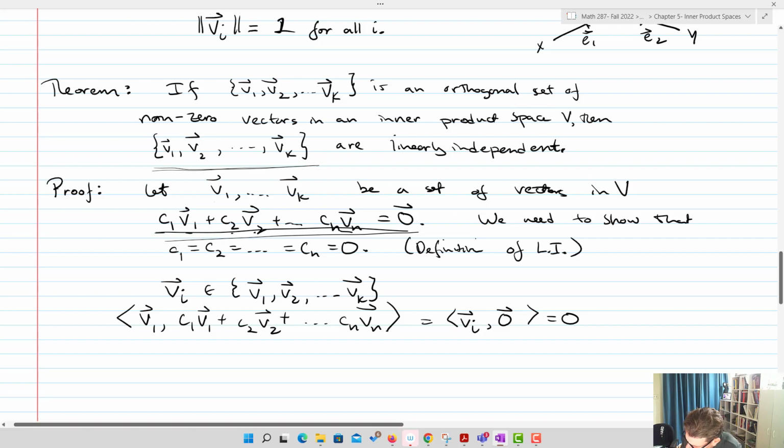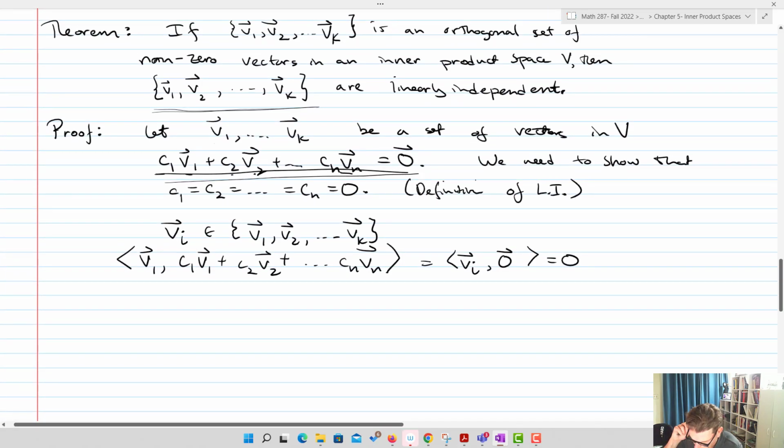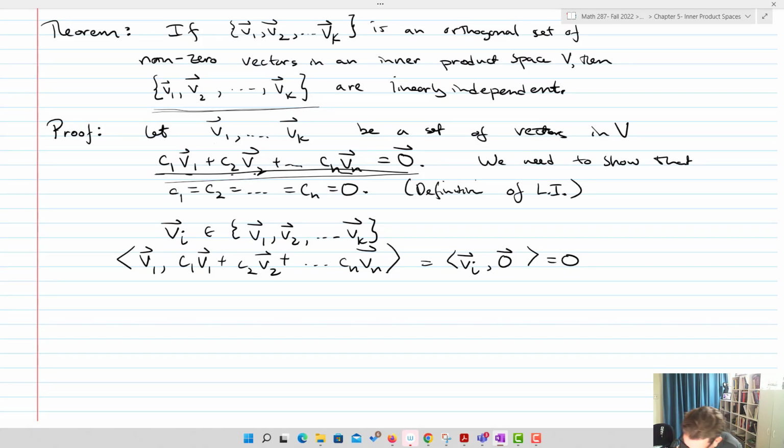So what we've got to do now is utilize this information to show that these cis are all equal to 0.